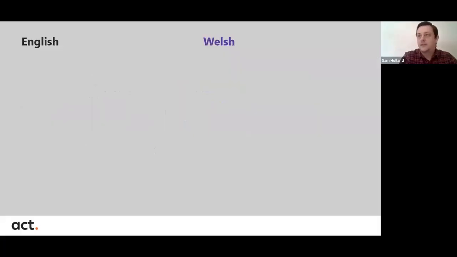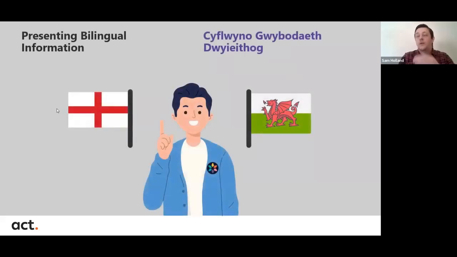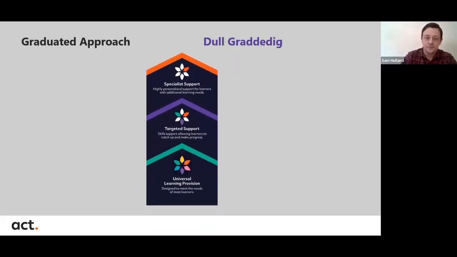So let's jump back in. So I guess moving on from Welsh, moving on from inclusivity, let's get into accessibility a little bit more. I mentioned earlier our graduated approach. So here in ACT, what we do is we have our universal learning provision. The idea is that when we're designing for learning, we are designing to meet the needs of most learners.